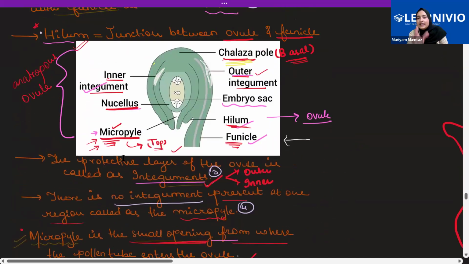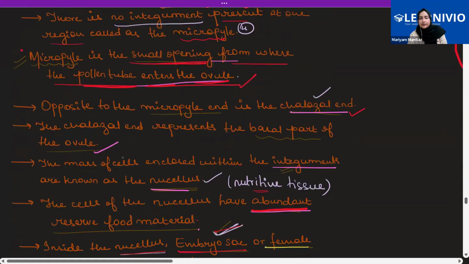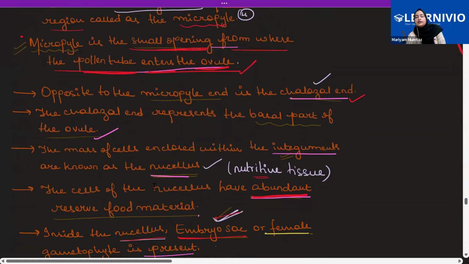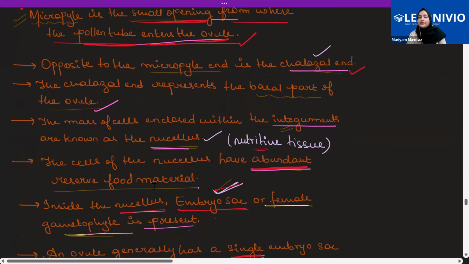Now, inside the megasporangium, there is the nucellus. This particular tissue, the light blue one, this whole area, is the nucellus, a nutritive tissue around the embryo sac. It is responsible for nutritive purposes. How are the cells of the nucellus nutritive?